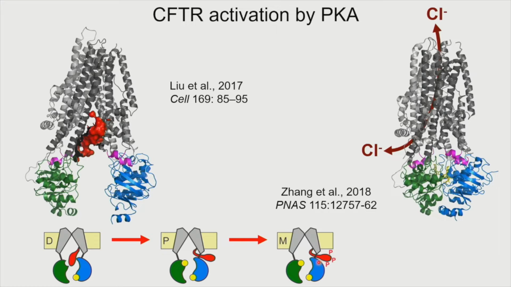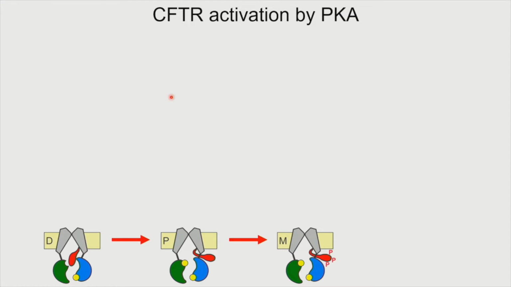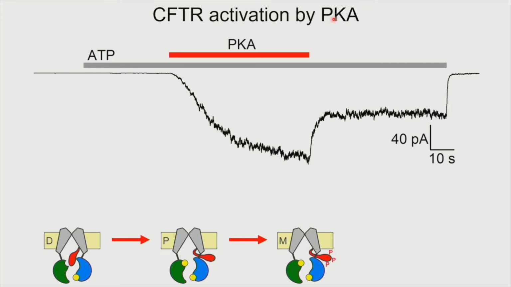Such a two-step activation mechanism also seemed consistent with our observation that in inside-out patches, upon PKA exposure, macroscopic CFTR currents do not activate following a single exponential time course. Instead, the activation time course is clearly sigmoidal.